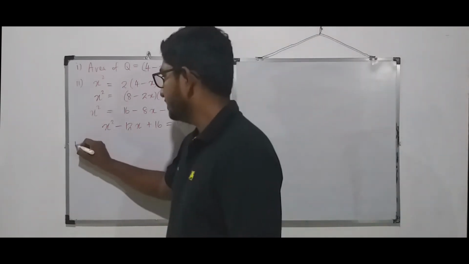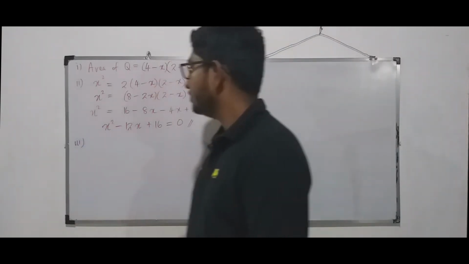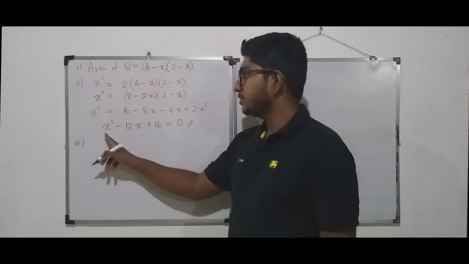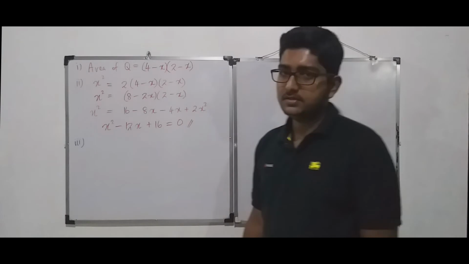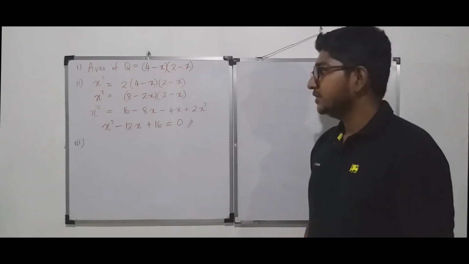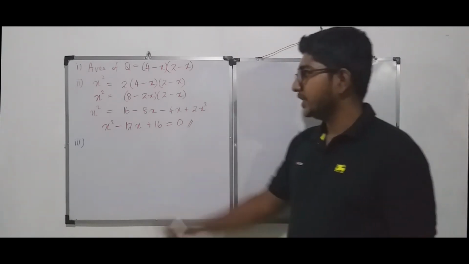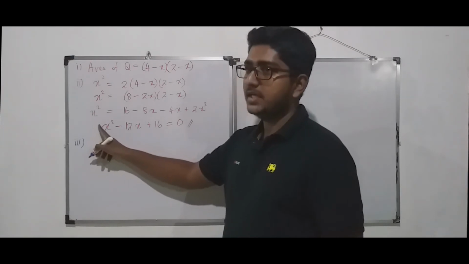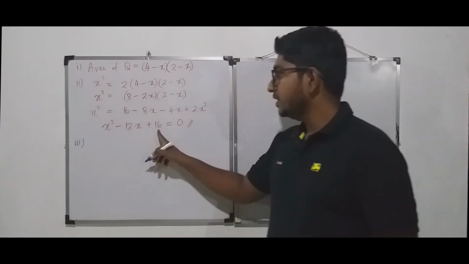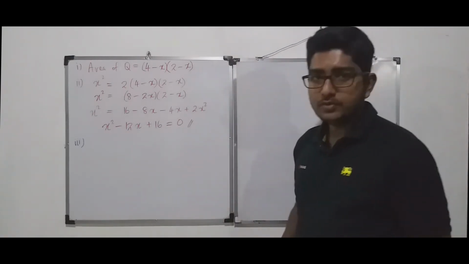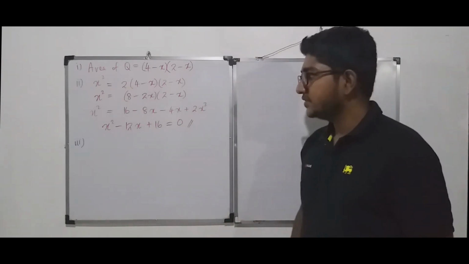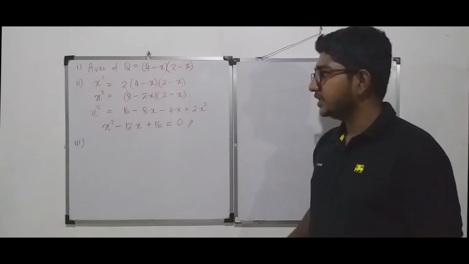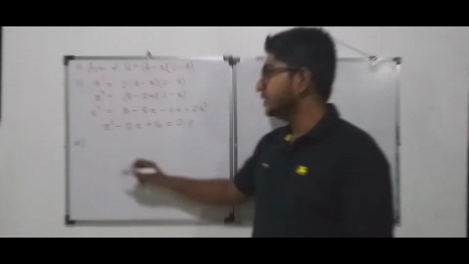In that method, first step is to check whether there is a coefficient for the x squared term other than plus 1. So this is plus 1. If there was a coefficient for the x squared term, let's say we had 2, we have to divide all these terms by 2 to make this coefficient plus 1. Since we have plus 1 in the quadratic equation, no need to do that.